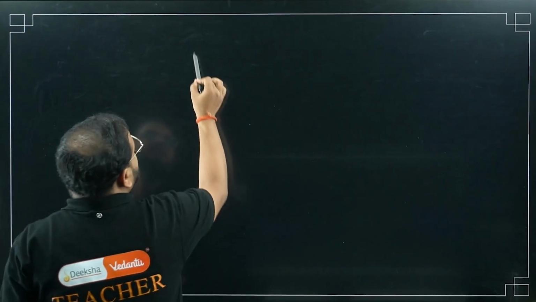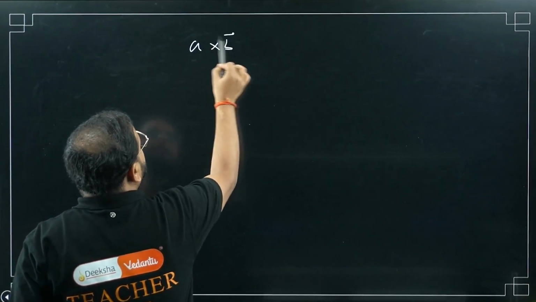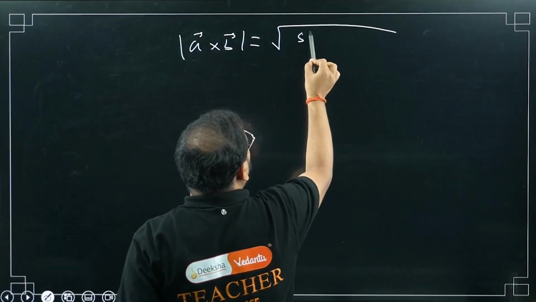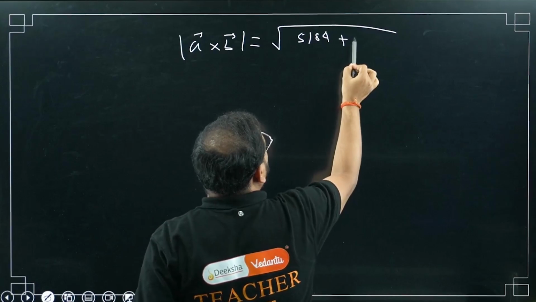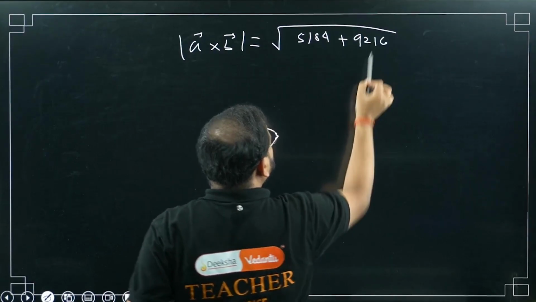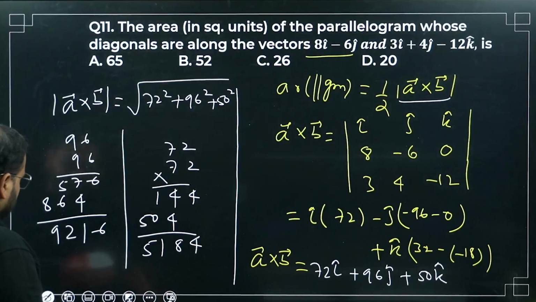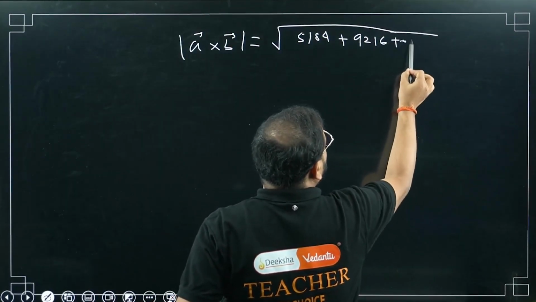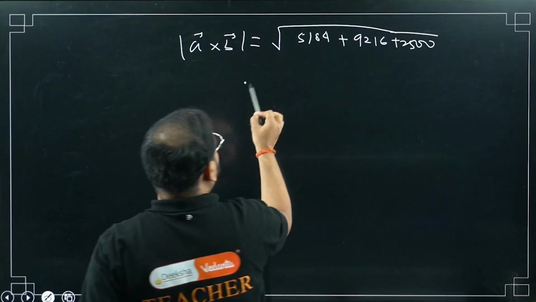So I can write this as modulus of A cross B is equal to what? 5184 plus 9216 plus 50 square, which is 2500. Please check the sum.